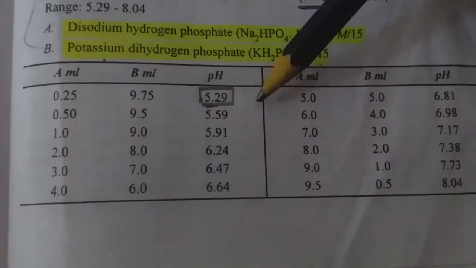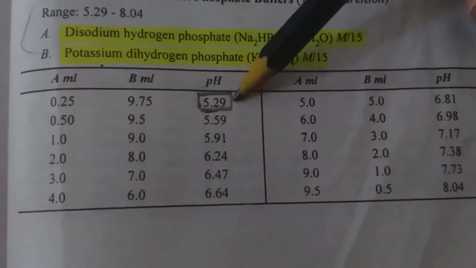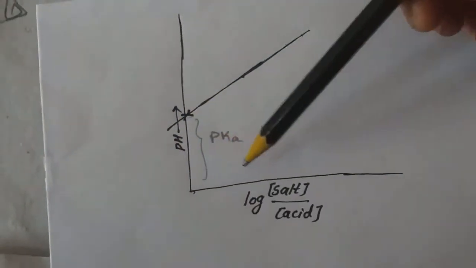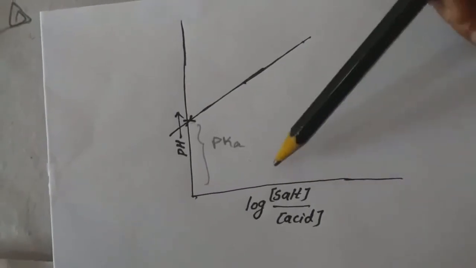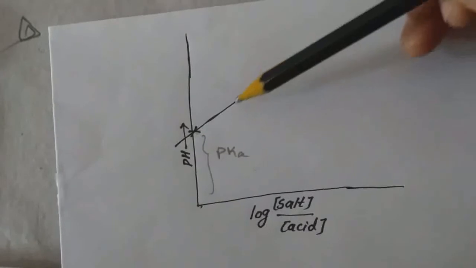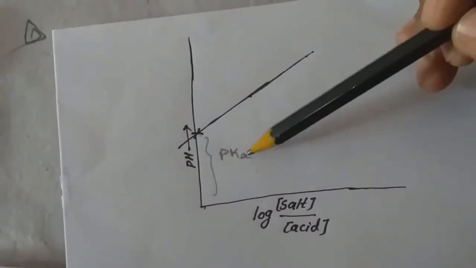Compare it with the literature value 5.29. Plot a graph by taking pH on the y-axis and log of concentration of salt by concentration of acid on the x-axis. We get a straight line with an intercept. The intercept value gives the pKa.